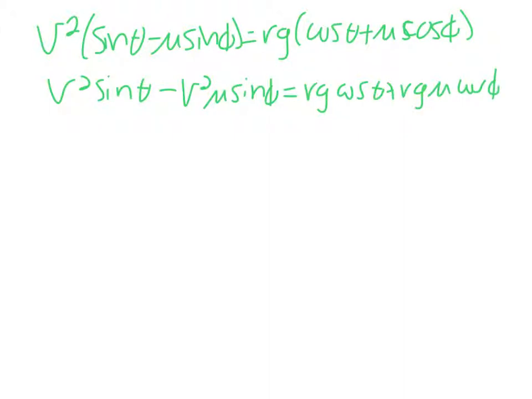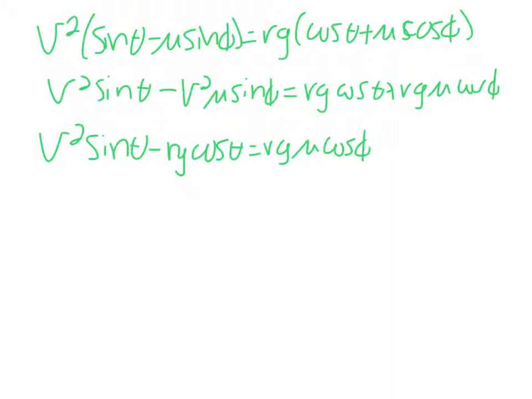Okay, so I'm going to get all the mu's over to the same side, put everything else over to the other side. So let's move the mu's to the right. V squared sine theta minus Rg cosine theta equals Rg mu cosine phi plus V squared mu sine phi.